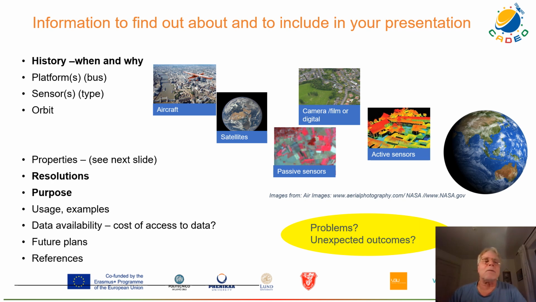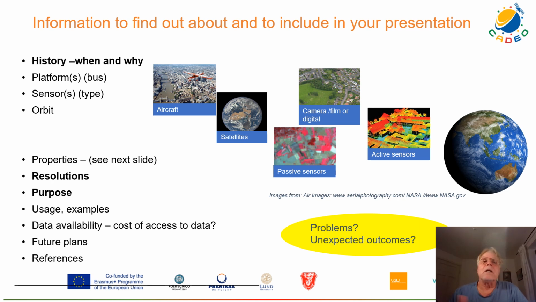Is it an active or a passive sensor? What's the orbit like? The orbit is how it goes around the Earth. And what other properties does it have? Different resolutions, the purpose, usage, what can we use the data for? What's the data availability?